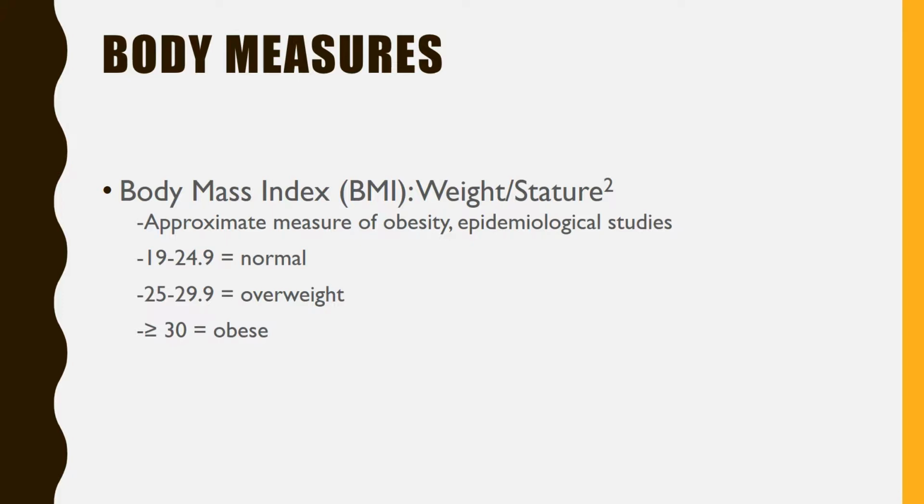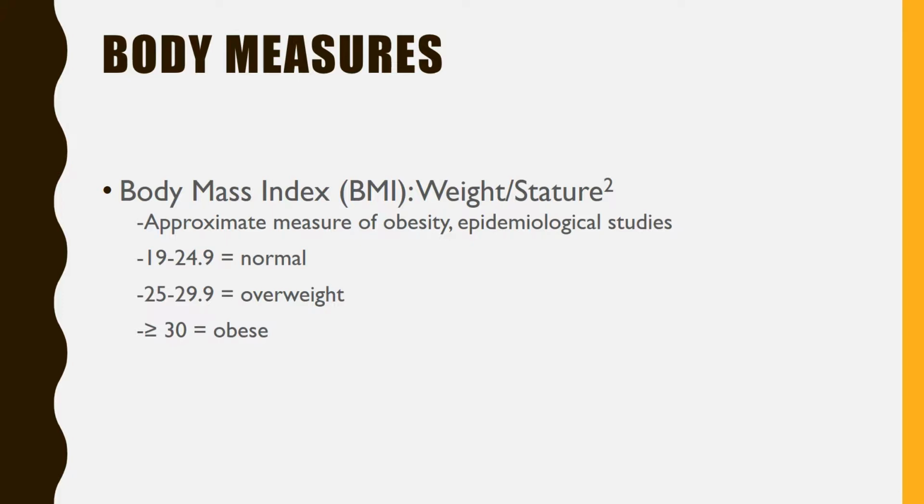BMI is used as a rough index of relative weight. So values between 19 and 24.9 are considered normal. Values between 25 and 29.9 are considered overweight. And values equal to or greater than 30 are considered obese.